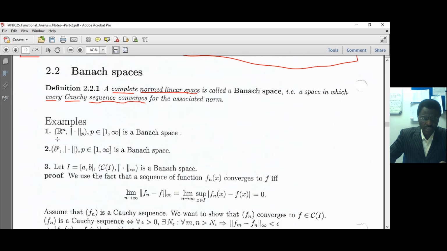Now, obviously, in real analysis, when n is equal to 1, this norm reduces to the absolute value. Why?